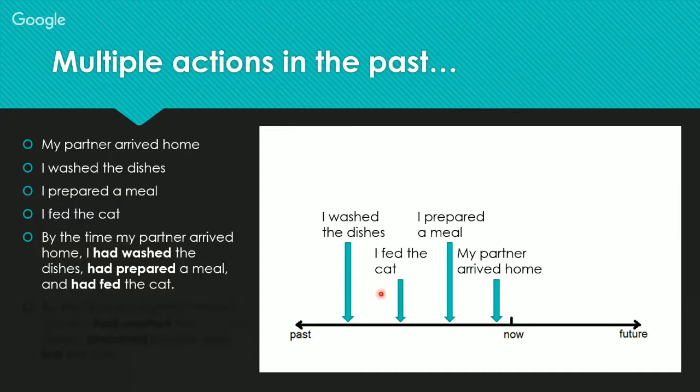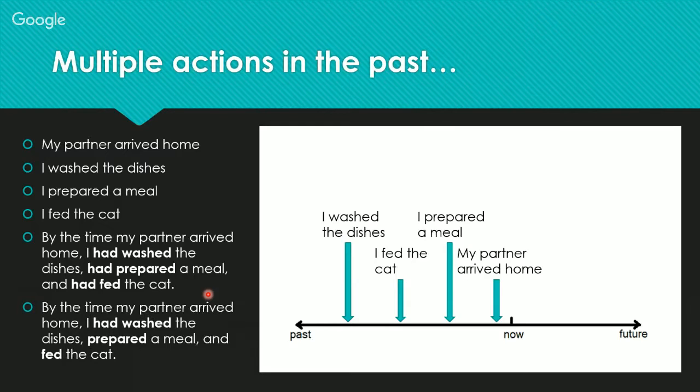But this is good English. There's one more thing that I think really makes it great English, and that is by writing it this way. By the time my partner arrived home, I had washed the dishes, prepared a meal, and fed the cat. Here, had refers to washed, prepared, and fed.